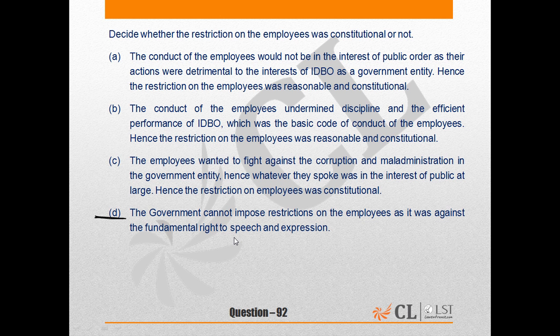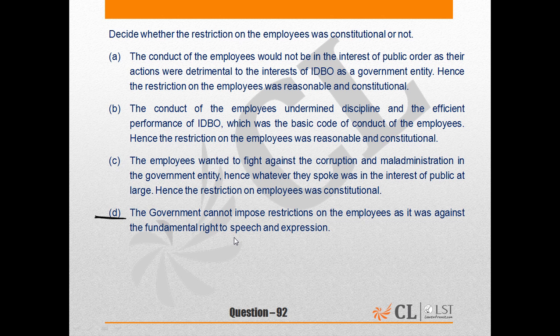But what they did was not a correct method, because this would bring a lot of unrest in the public. Option B says the conduct of the employees undermined discipline and the efficient performance of IDPO, which was a basic code of conduct of employees, hence the restriction on employees was reasonable and constitutional. This cannot be a valid ground.